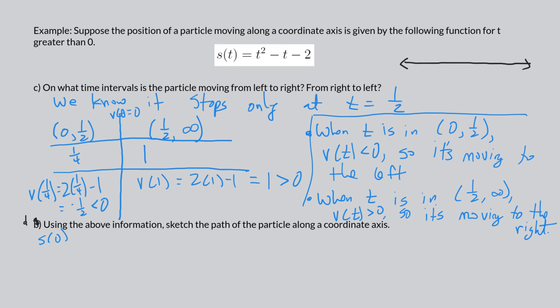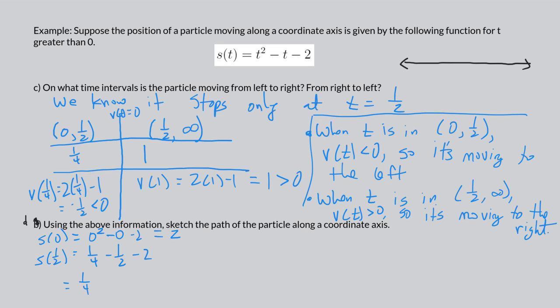That's going to be 0 squared minus 0 minus 2. So that's at -2. And we also want to know where does the particle come to rest. So that'll be at s of 1/2.